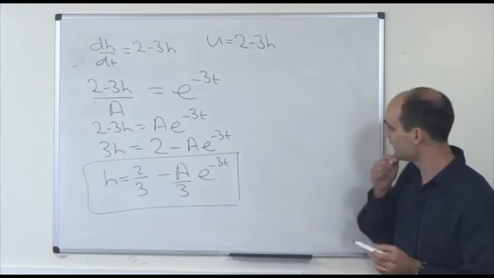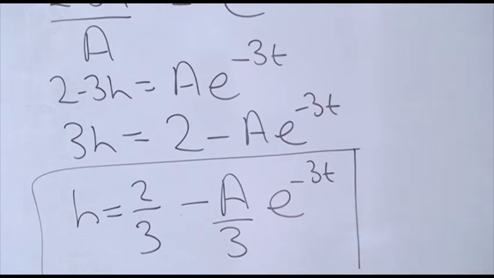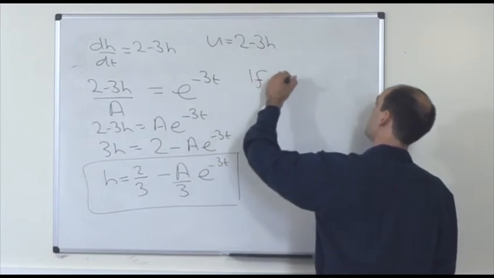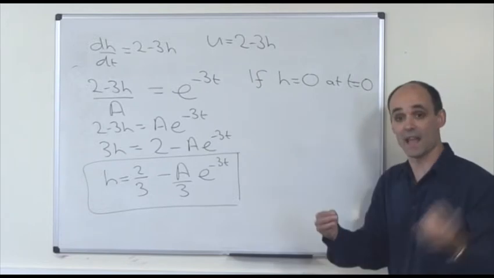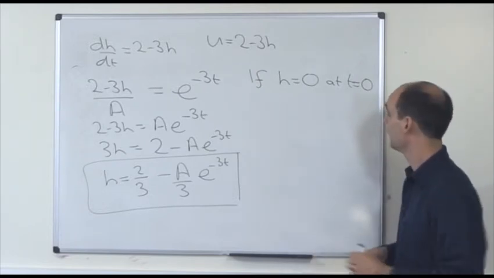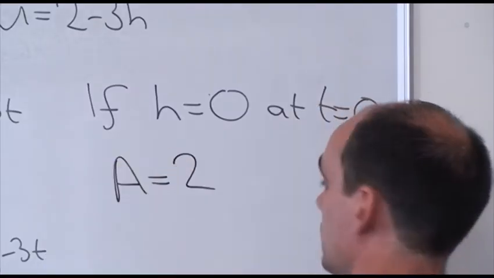I might be interested in a particular solution where I know what the value of h is at t equals 0. So if, for example, h is equal to 0 at t equals 0, so the vat was initially empty when I started pouring water in, then it's very easy for you to check that a has got to equal 2.